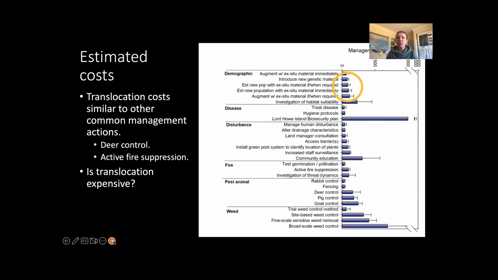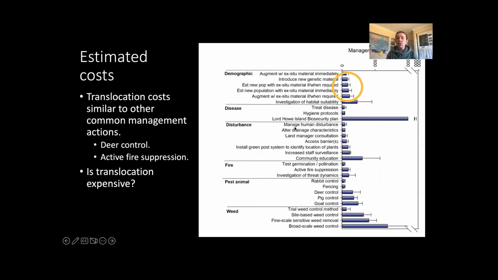I looked at the costs of management, and I found that compared to other management actions, such as fire-related management actions, pest animal and weed related management actions, translocation management actions were actually pretty similar, in the order of about 100,000 per species, but hugely variable, of course, and we'll talk about that a bit in a second.